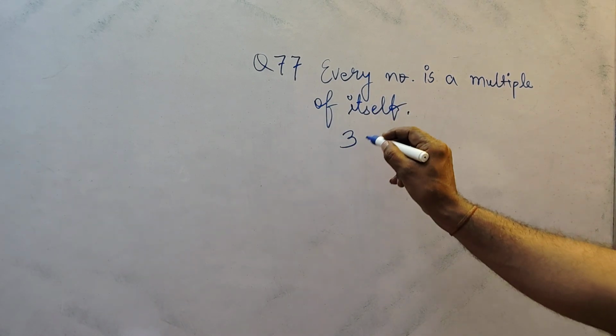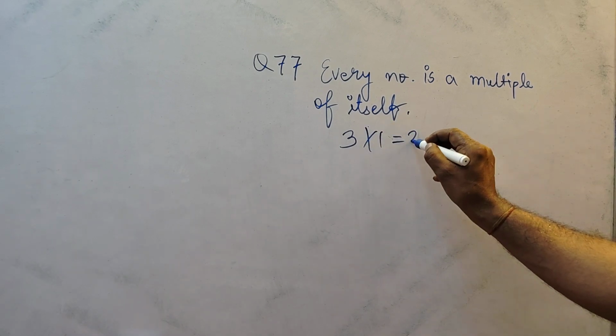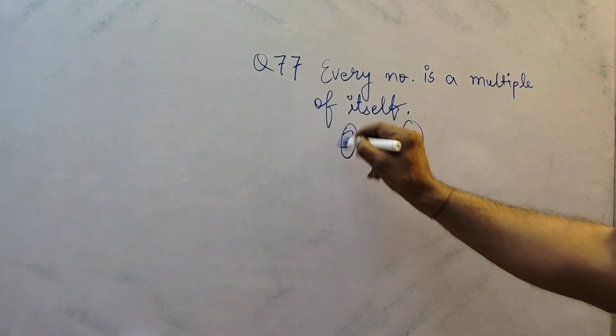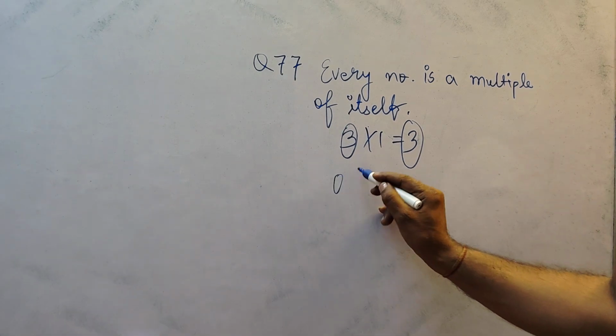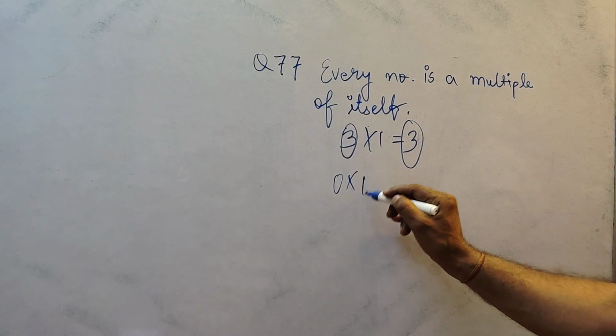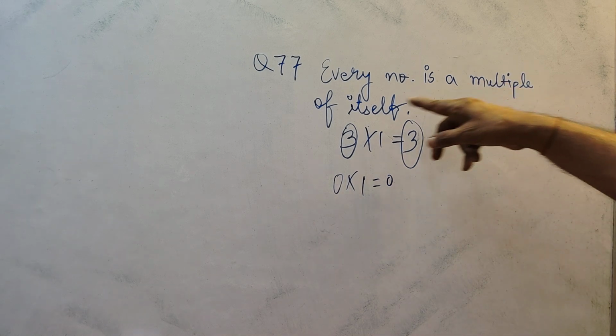Every number is a multiple of itself. 3 ones are 3, the same number. Is it true or not? 0 multiplied by 1 is 0. In the case of 1 multiplied by the number, we get the same number itself. Every number is a multiple of itself.